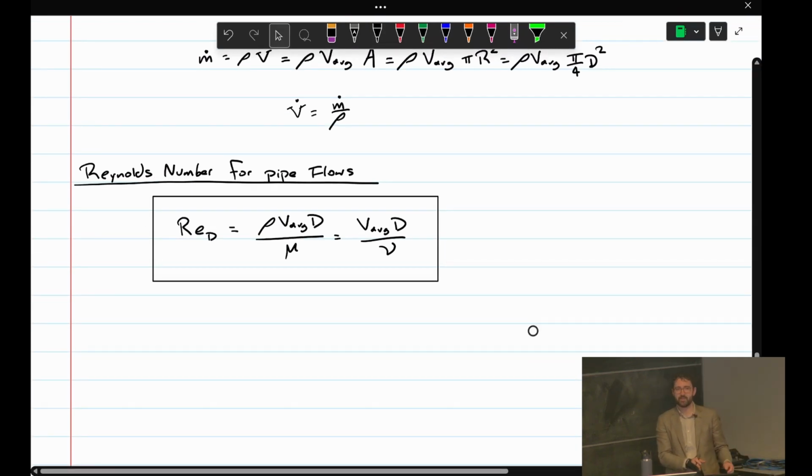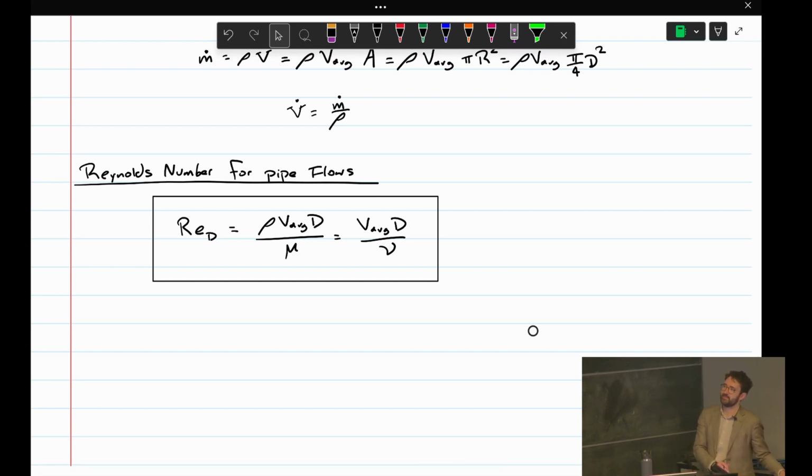Now, this Reynolds number looks the same as the previous one we did, but in your head, don't make any connections between the external flow Reynolds number and the internal flow Reynolds number. It really depends on how we define these different variables and non-dimensional parameters. There'll be a completely different set of transitional Reynolds number criteria for internal and external flows.